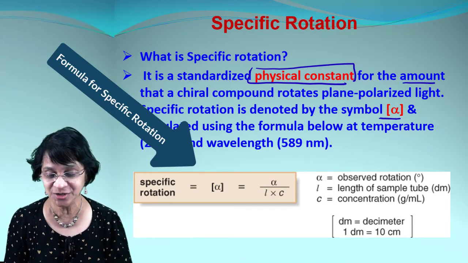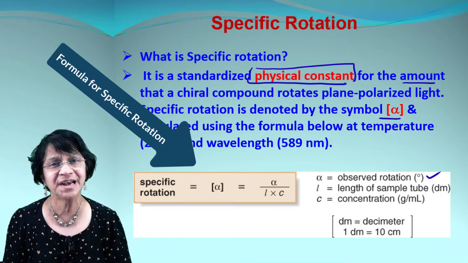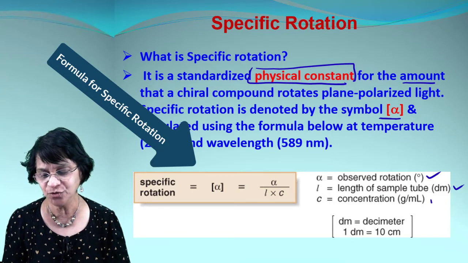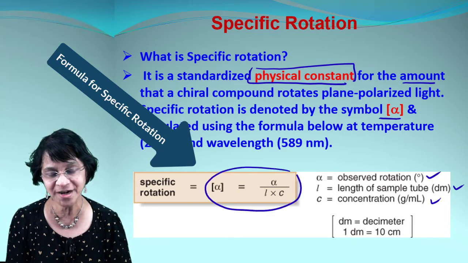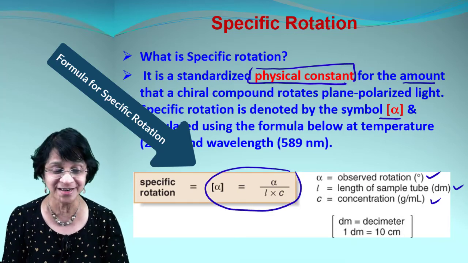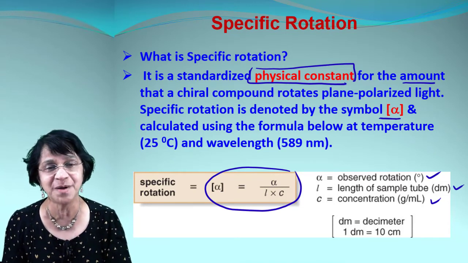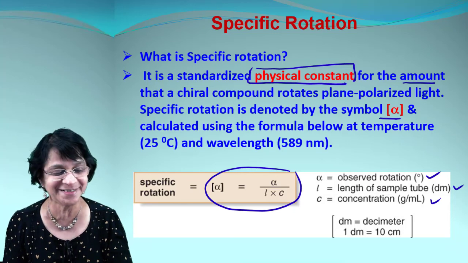So if you get the observed rotation value from the polarimeter, if you know the length of your tube in which the sample is kept, and if you find out the concentration, you can find out using this formula what the specific rotation is. And if it matches with the value in literature for that compound, hey, you made the compound and it is fairly pure.